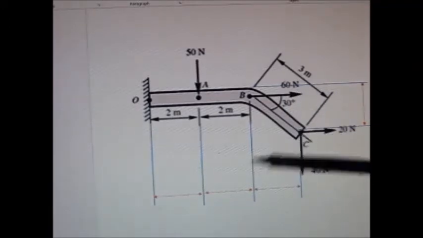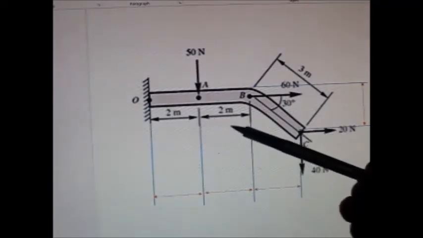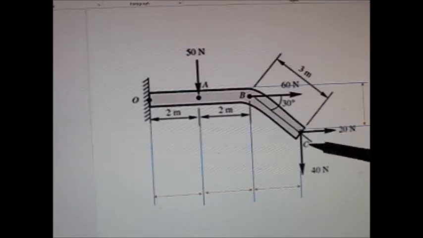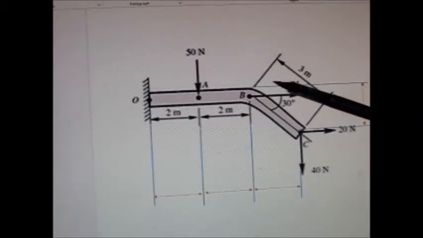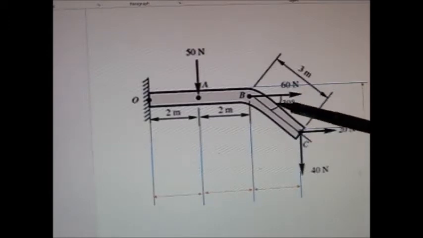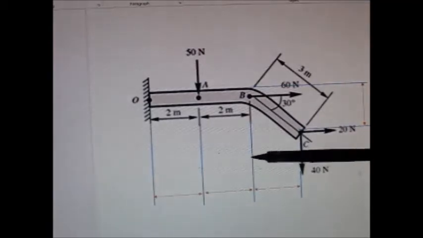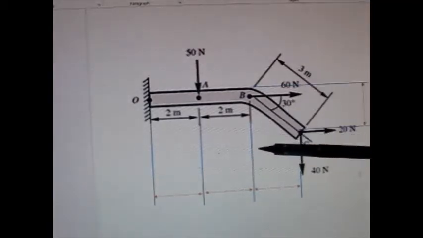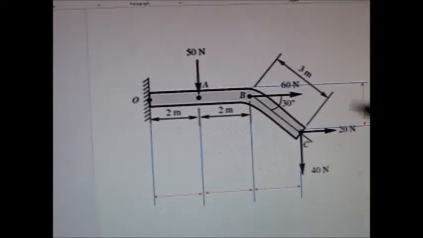So it means that this distance is 2 plus this distance here. This distance you have to evaluate from this triangle. This angle is 30 degrees, so this third part is 3 cosine 30. So it's done.